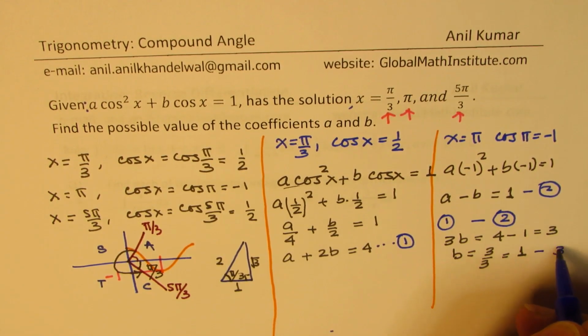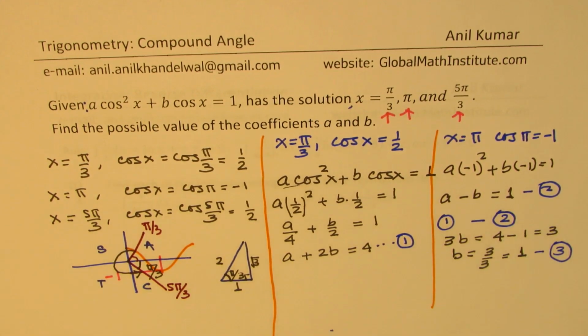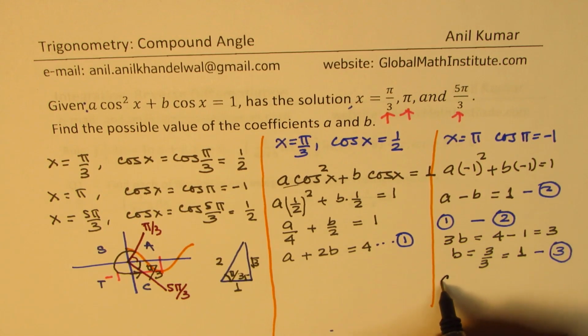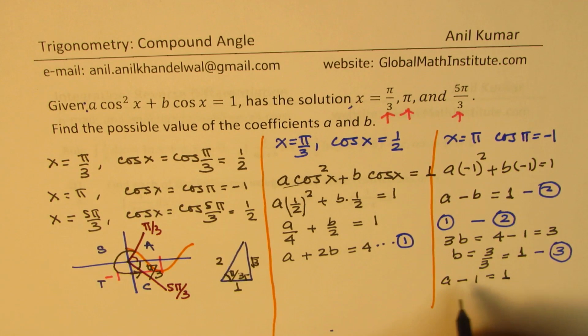Let's call this equation 3, right? Substituting in 2, we get a minus 1 equals 1, and that gives you the value of a as 1 plus 1, which is 2. Perfect.